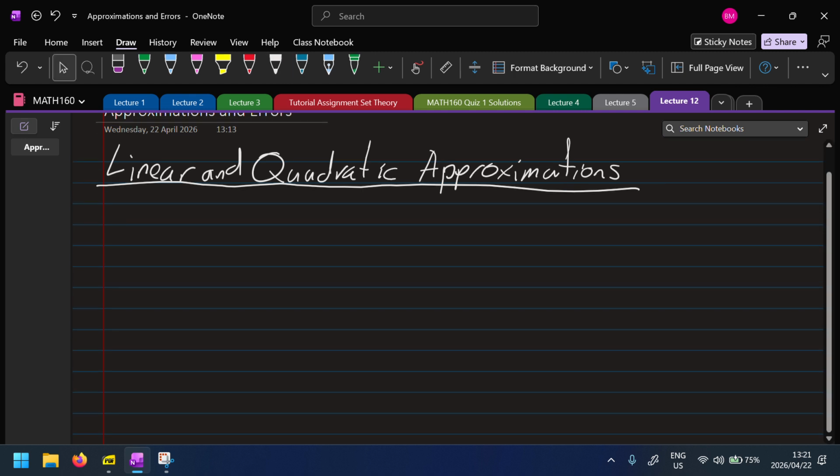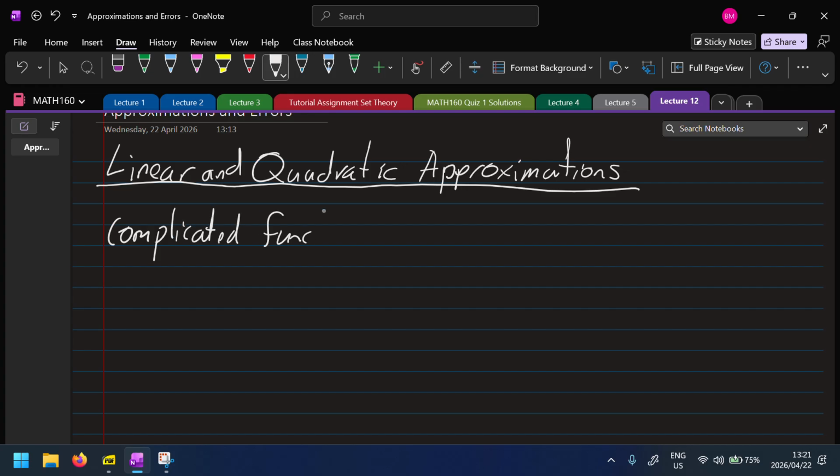Okay, so what's the idea behind linear and quadratic? Why do we use these? So let's say we have some complicated function f. Complicated just depends on the problem that you're given. We would like to approximate this function.